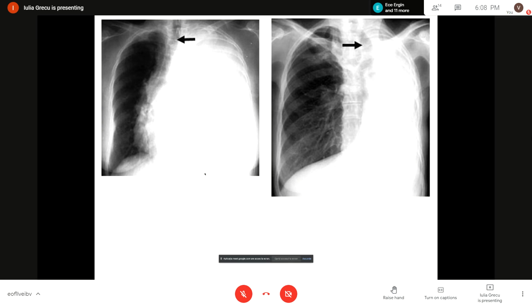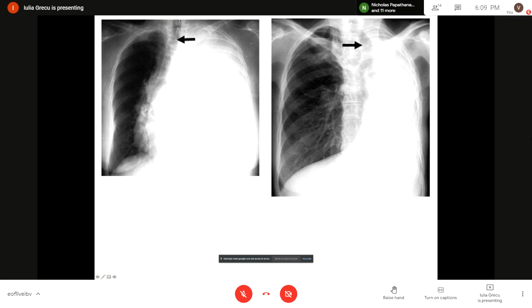Okay. High opacity located on the left side, and on the left picture, it looks like it's pushing the mediastinum towards the right. Correct. What does this arrow point to? What is that structure? It's the throat, the trachea. The trachea, yeah, the windpipe.